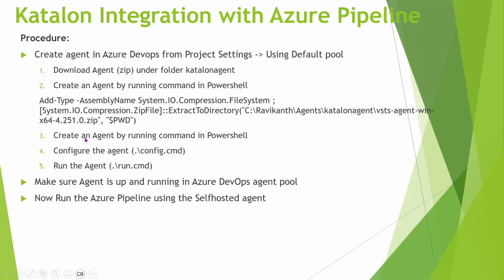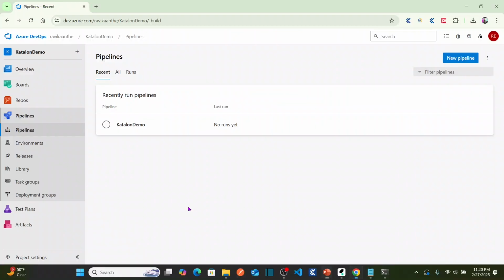So here we have created an agent by running commands in PowerShell, and we configured the agent and we run the agent. Now we also made sure that agent is up and running in Azure DevOps agent pool. Now you can run the Azure pipeline using self-hosted agent. Let's go back here now.